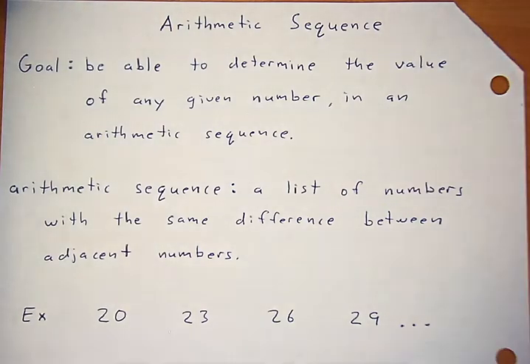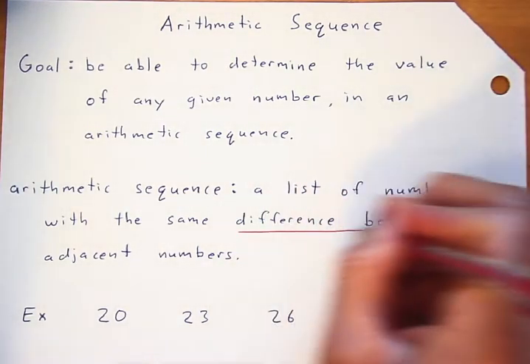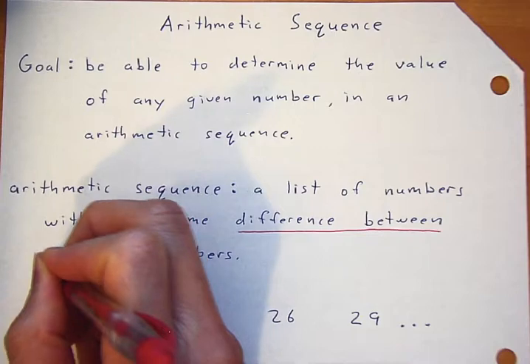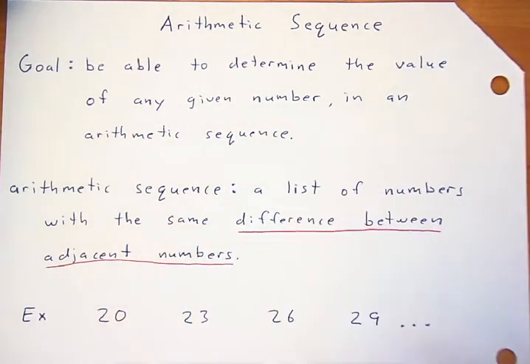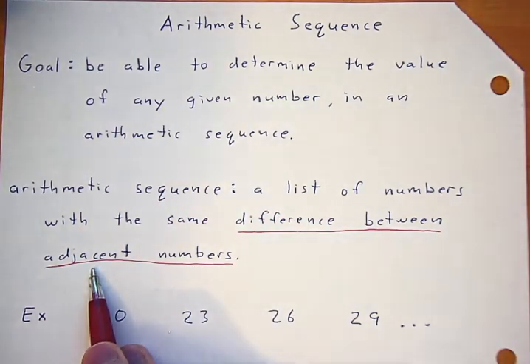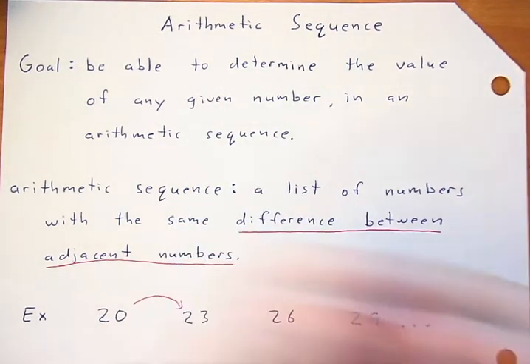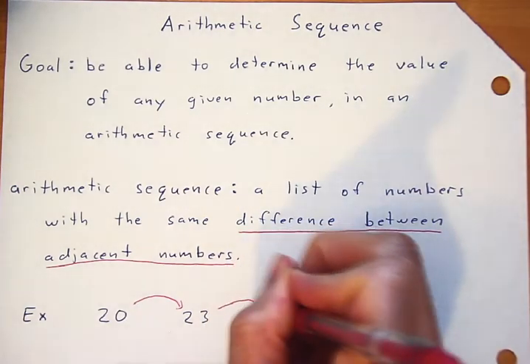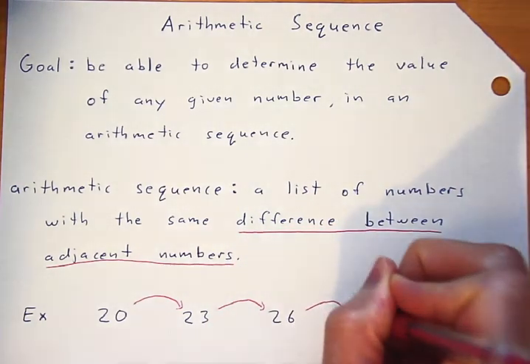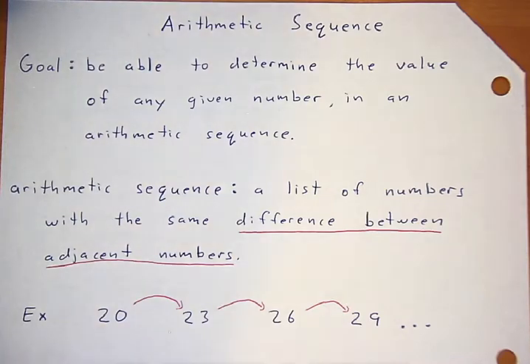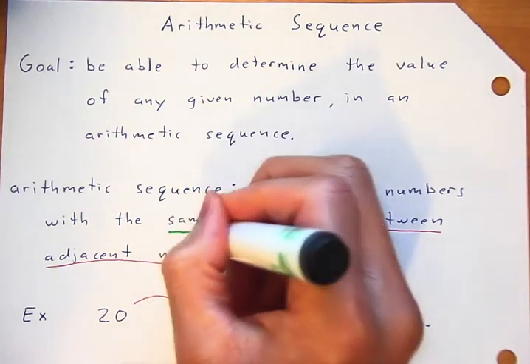And the difference between the adjacent numbers, so adjacent means numbers next to each other. So the difference between this one and this one, or this one and this one, or this one and this one, the difference between those two numbers is always the same.